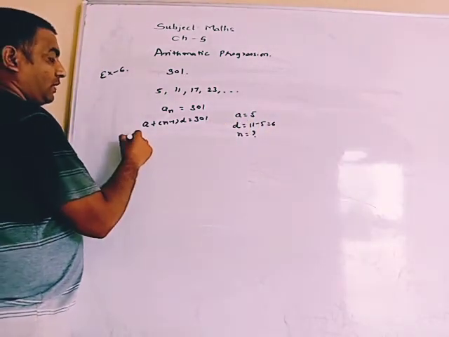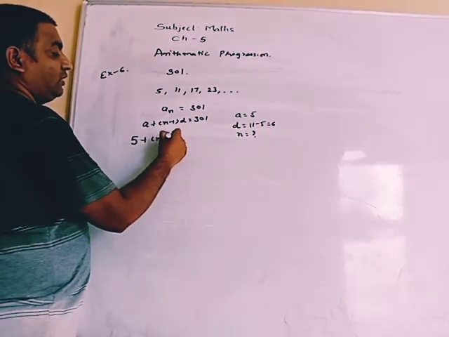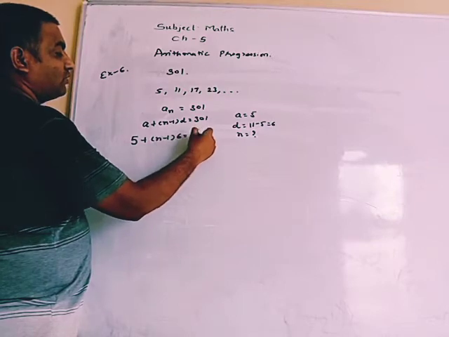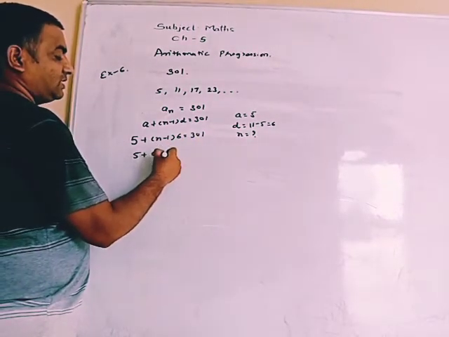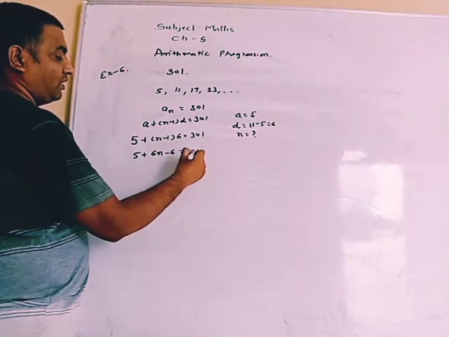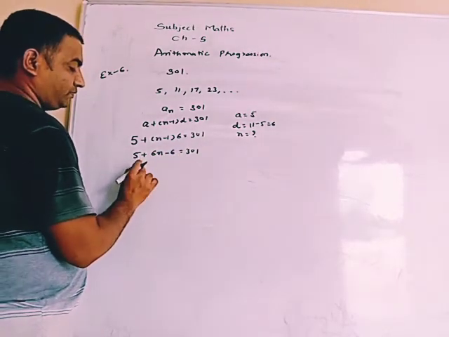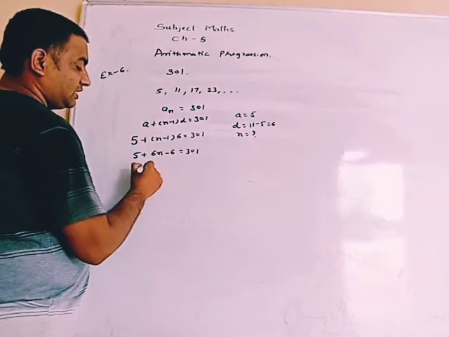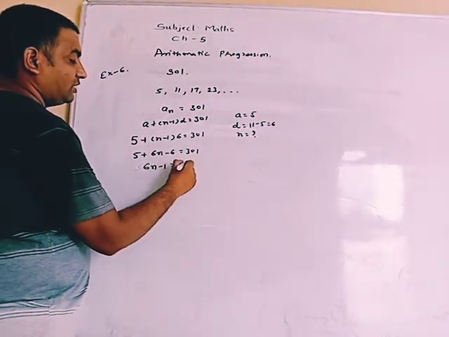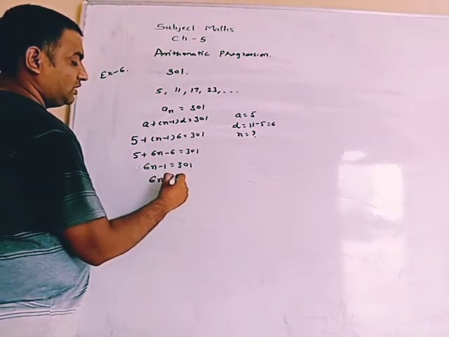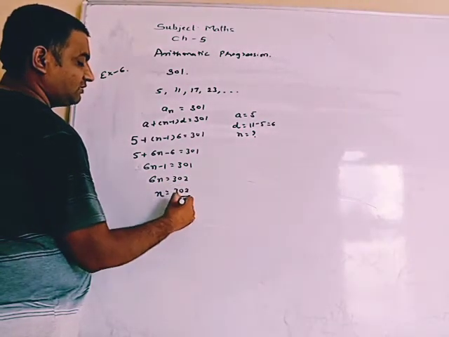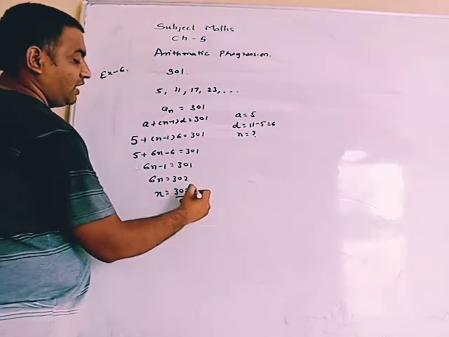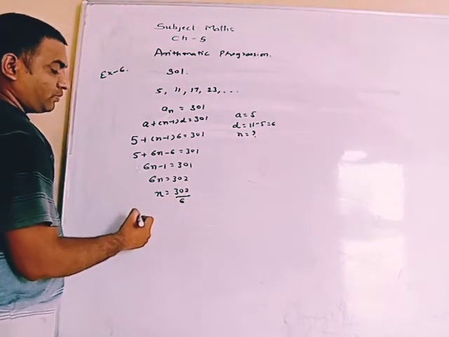So here 5 plus (n minus 1) into 6 equals 301. So 5 plus 6n minus 6 equals 301, and so 6n minus 1 equals 301. So 6n equals 302. So n equals 302 divided by 6, which cannot be simplified, so it is not a positive integer.